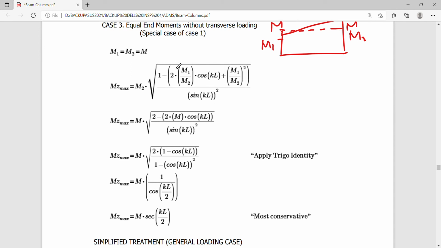If they are the same, this will be simply equal to 1. So M1 over M2 is 1. Then this is M1 over M2 is 1. Okay, so 1 plus 1.